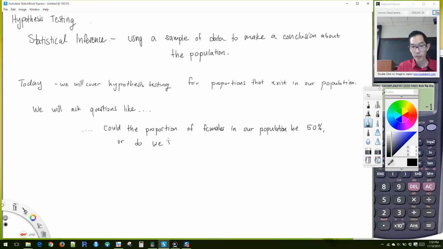Or do we have evidence that the proportion is something other than 50%?